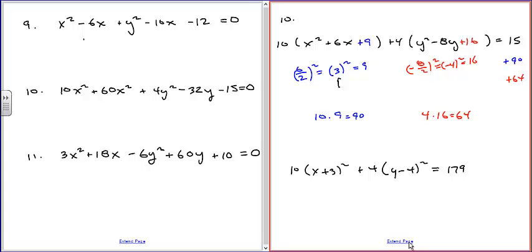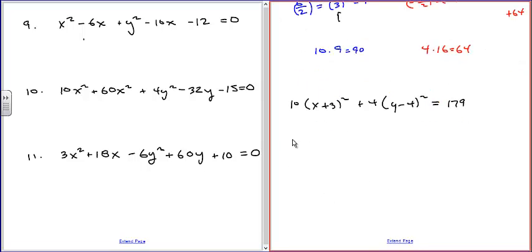Now for these, I'm going to ask you to divide everything by what's on the right-hand side. So you get this, and you get that. So we get 1 on the right-hand side. And then we take the reciprocal of this fraction.